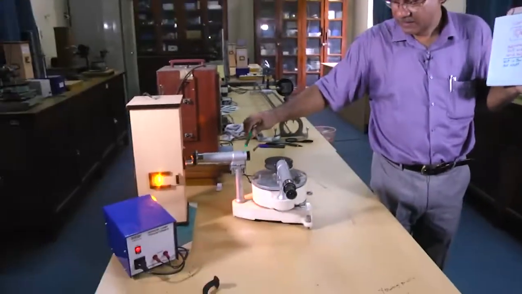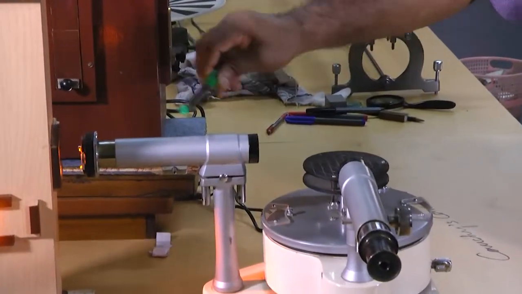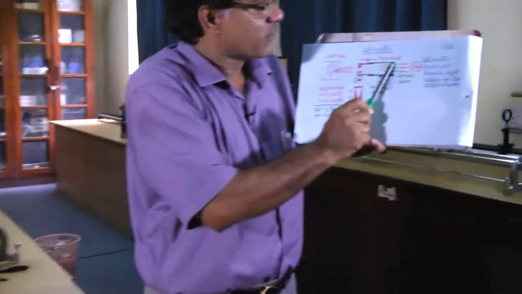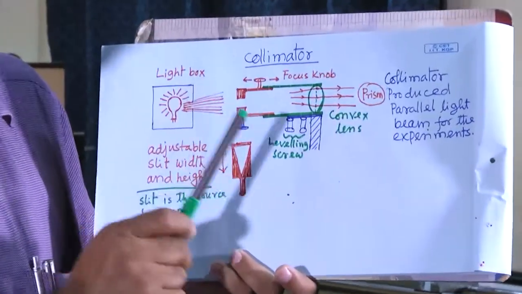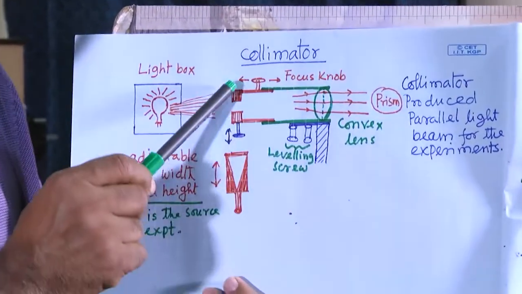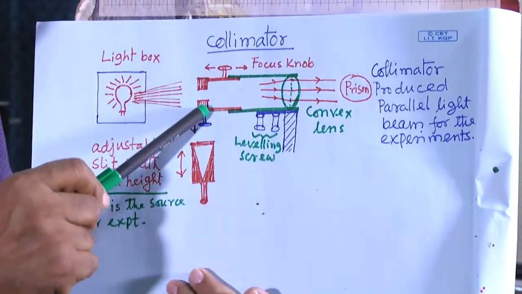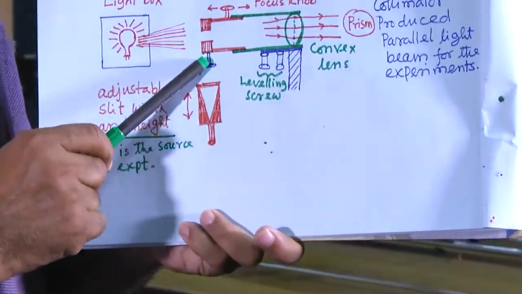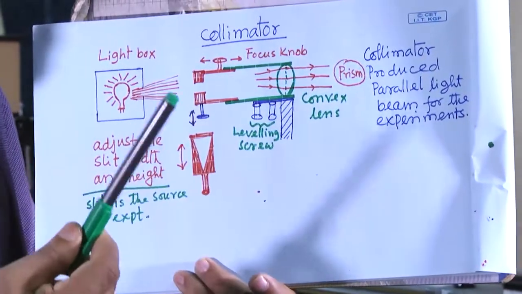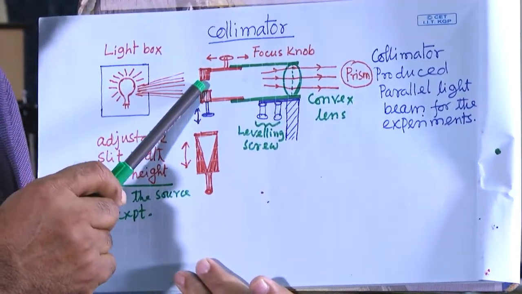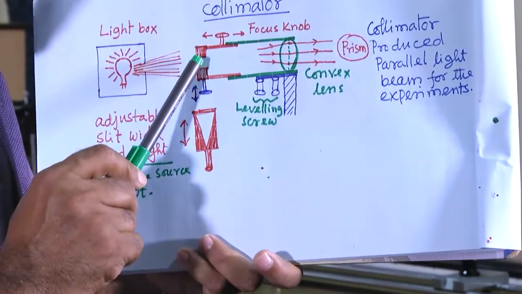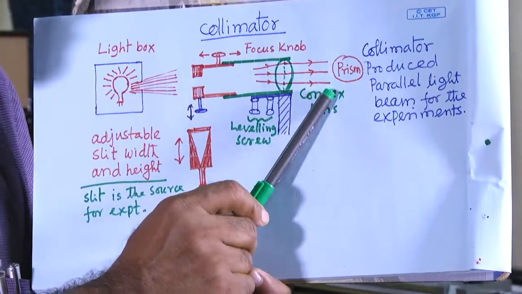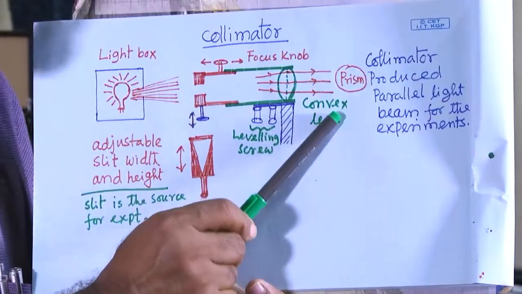Here the convex lens is there, and here the slit is. In this case, the slit is the light source for the experiment, so whatever image you see is the image of this slit. From the slit diverging light falls on the convex lens, and on the other side I want to get parallel rays.